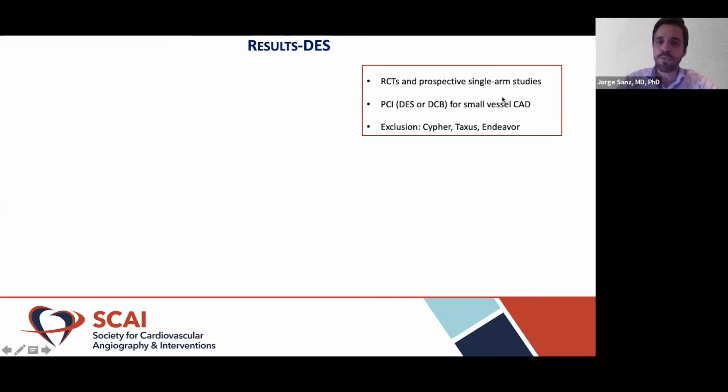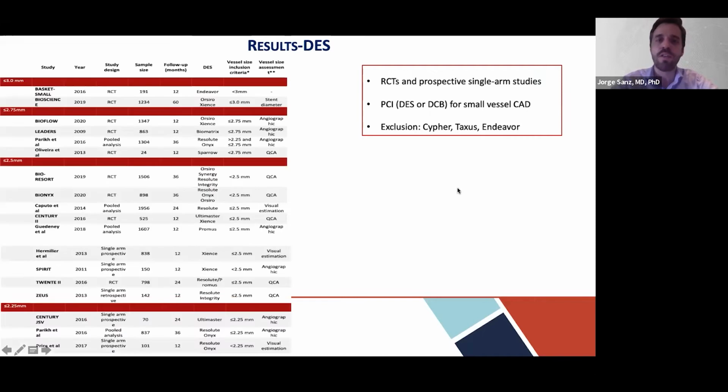After the screening of the trials, we included 25 studies, and these are the results for the patients undergoing PCI with drug-eluting stents. As we can see, there was an important heterogeneity in the follow-up that ranged from 12 to 16 months. Also, very few trials included patients with a cutoff value less than 3, and few of them included patients with a cutoff value less than 2.25.